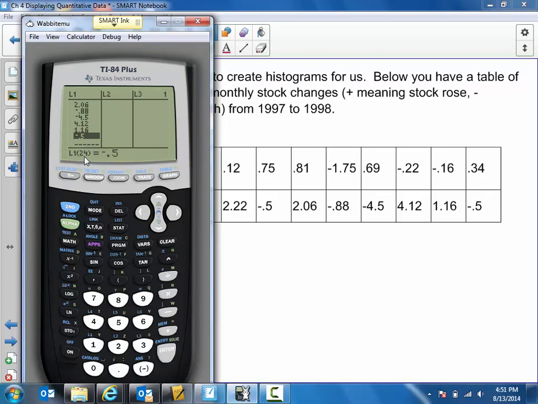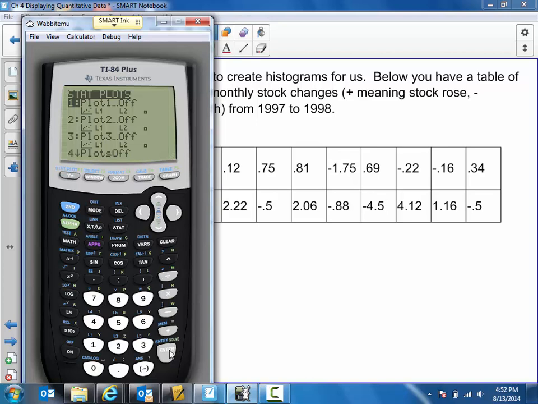Going down the line, negative 0.5 is the 24th and last data value. It's a nice check. If we know that there are 24 data values in the table, seeing 24 in parentheses for that last value of negative 0.5 tells us we probably did not skip any data values. I left the next one blank because we don't have a 25th data value.